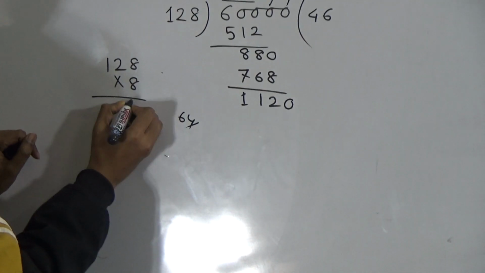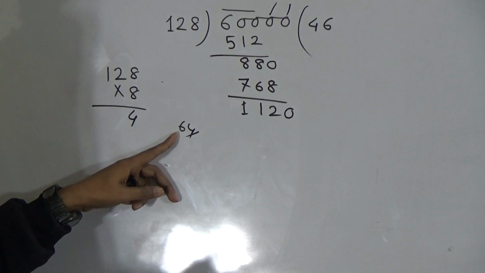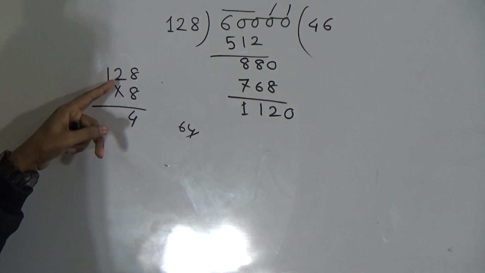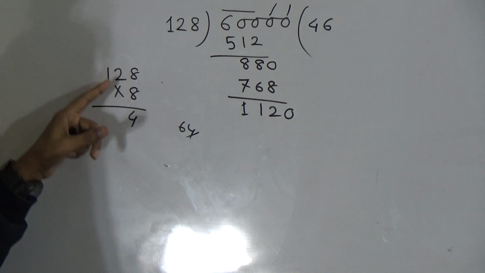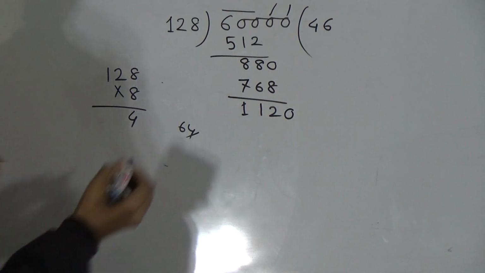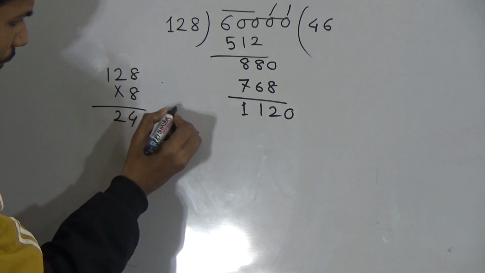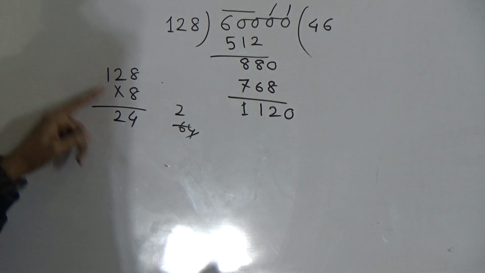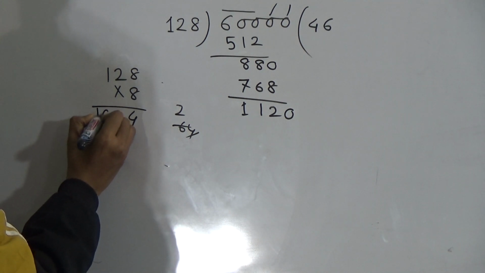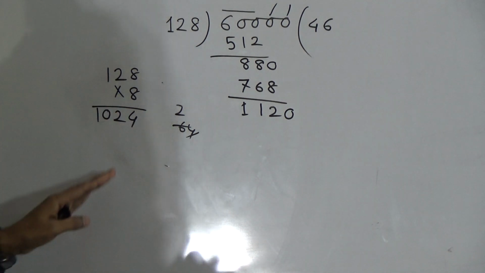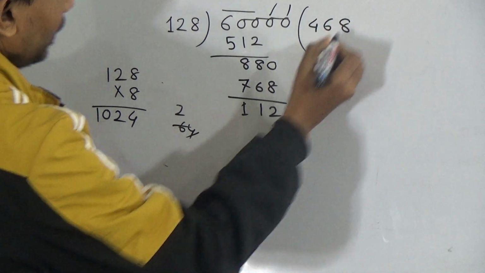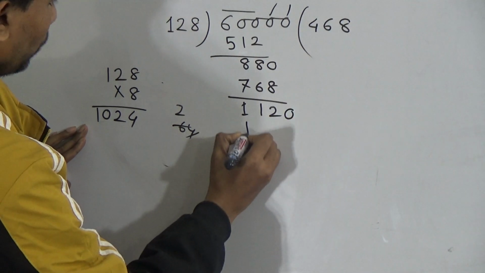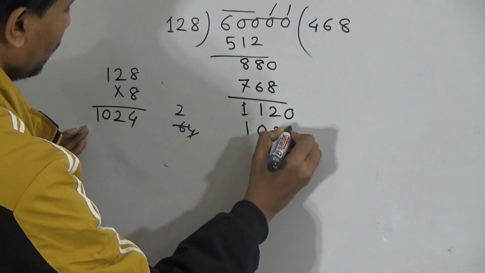So you put here this 4, and you have 6 in your hand. 8 2s are 16 plus 6, 22. So you put here 2 and your hand is 2. 8 ones are 8 plus 2 equal to 10. Now put here 10. Now write here 8. Write here 1024.